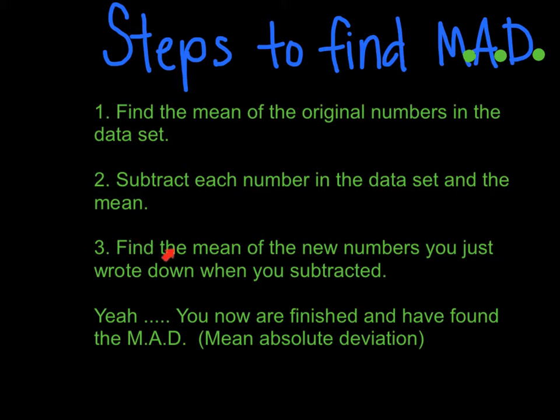Step 3, we want to find the mean of all those new numbers that you just wrote down after you did your subtraction. And then, woohoo! We are done and we have found the MAD, or mean absolute deviation.